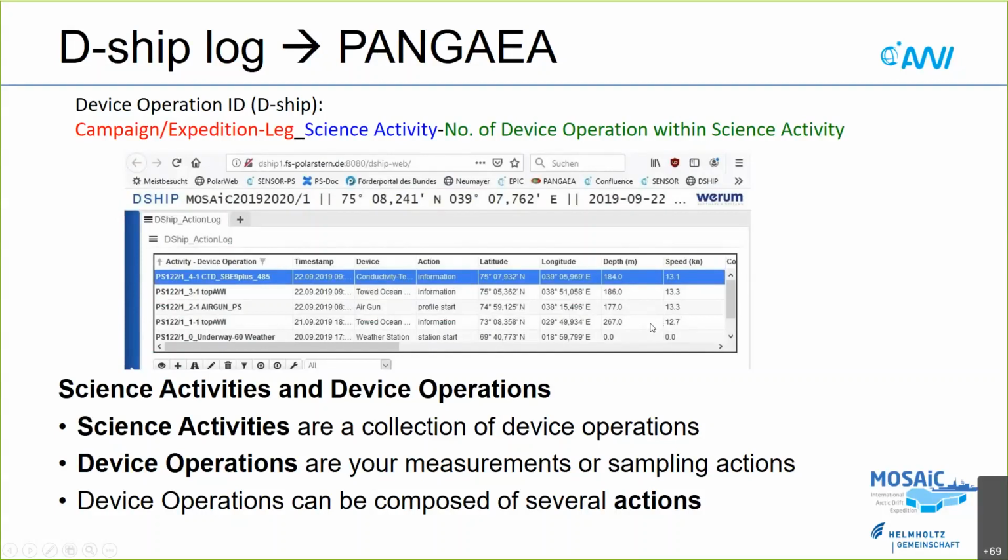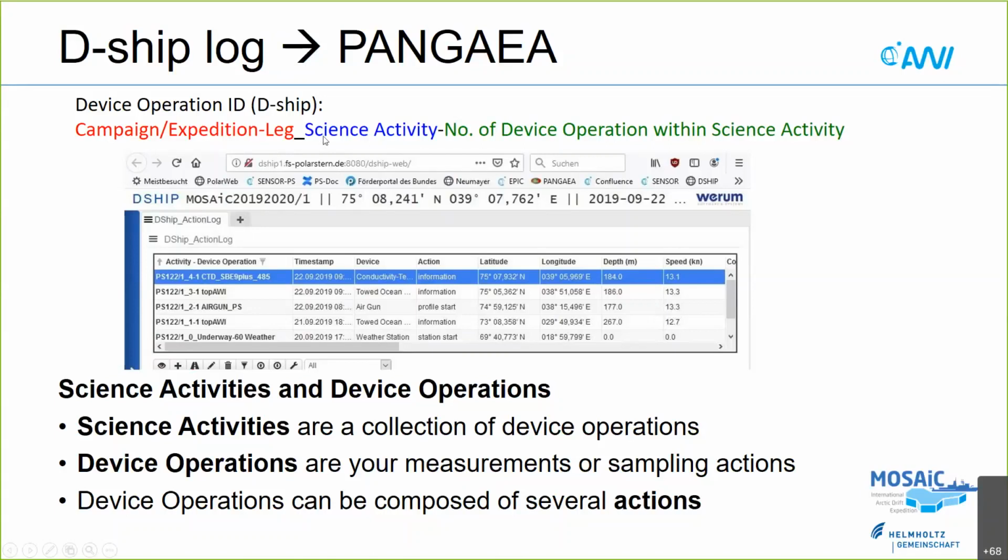And after the end of each leg, this dship log is exported and imported to PANGAEA in a slightly different form, but basically we are using the same labels. So the device operation ID in dship comprises the campaign leg, so PS122/ and 1, 2, 3, 4, 5 for MOSAiC legs.